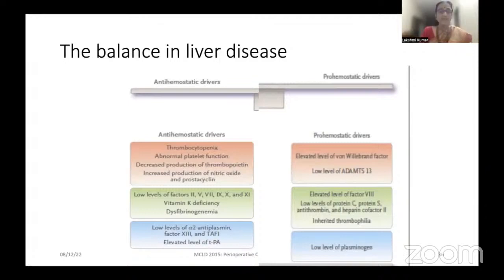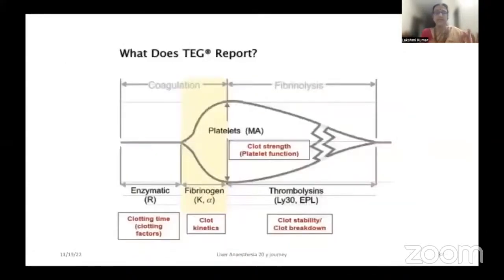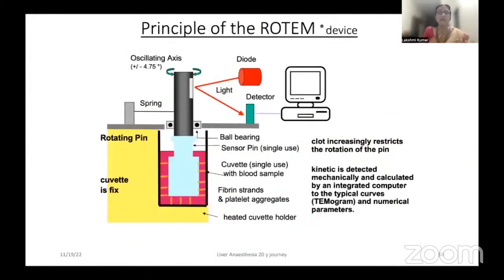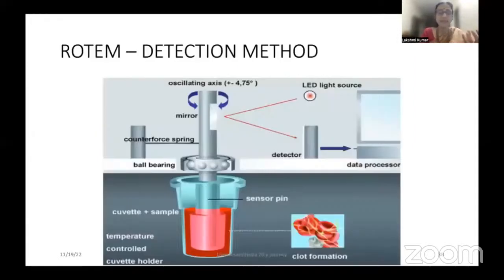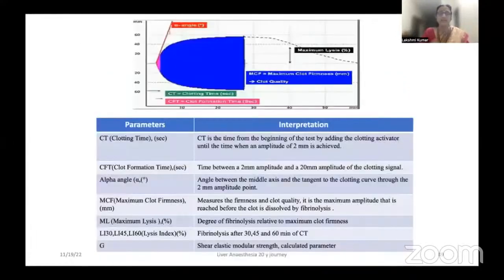And if and when facilities exist, we would recommend that this is used in the context of viscoelastic tests, right? You all will be familiar, and I'm not going to go into details. To me, the ROTEM appears to be superior to the TEG. It's more product specific, and a combination of FIBTEM and EXTEM may perhaps give us a realistic estimate of the coagulation that is happening in the patient.